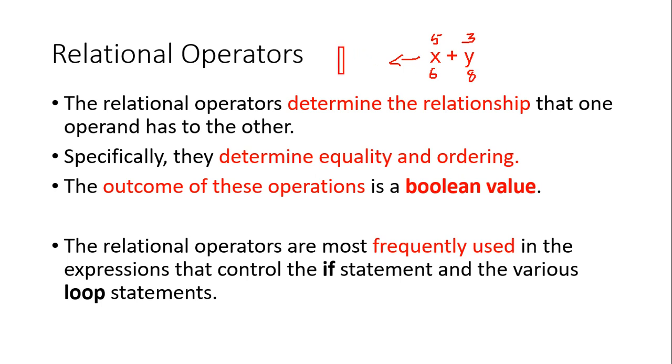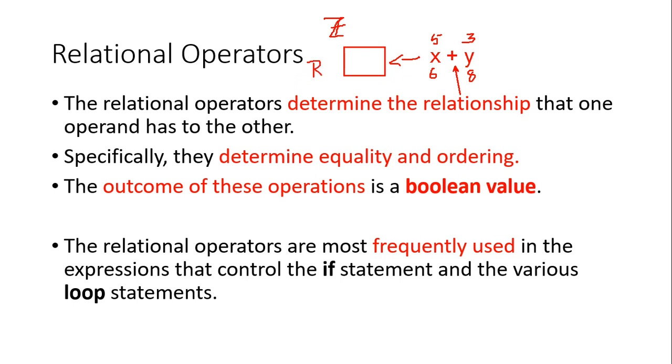That means the answer you get when you perform the arithmetic operation depends on the value of the operands, and the answer may belong to a specific domain. For example, this may belong to the set of integers, or the other may belong to the set of real numbers.